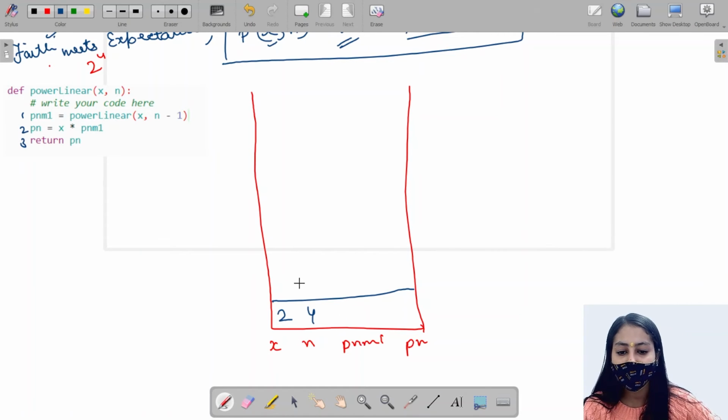Now power of n minus 1 will call our function power, with x remaining the same and n minus 1, which is 3, 4 minus 1.